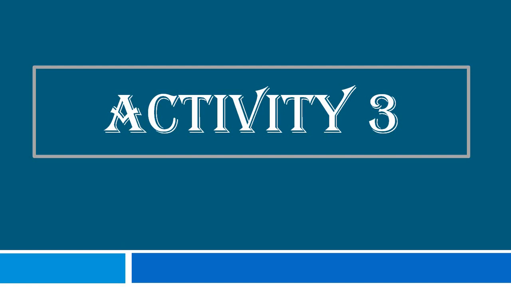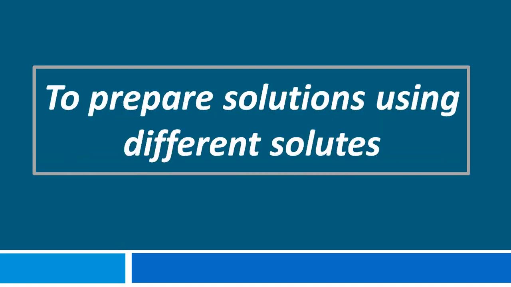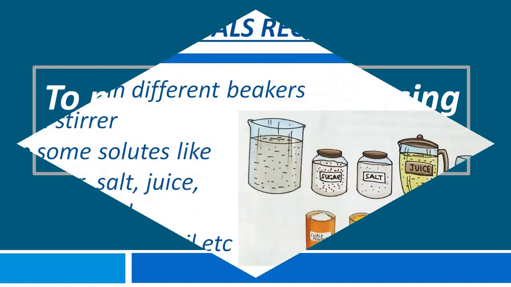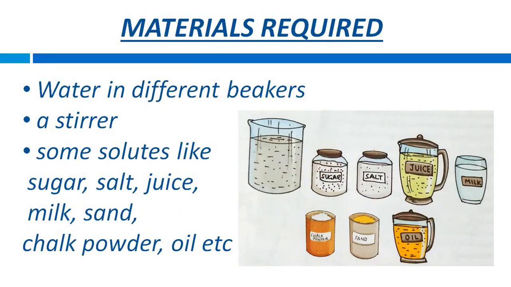Let's do an activity. The activity is to prepare solutions using different solutes. For doing these experiments, you need water in different beakers. I know children, you don't have a beaker at your home, so you can use glasses. You can use many glasses filled with water.